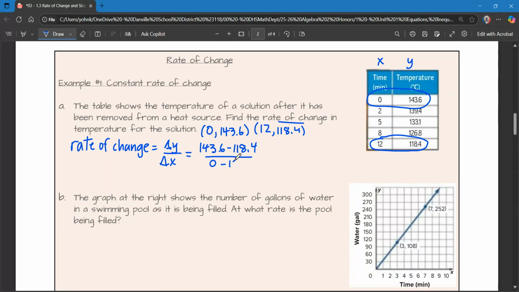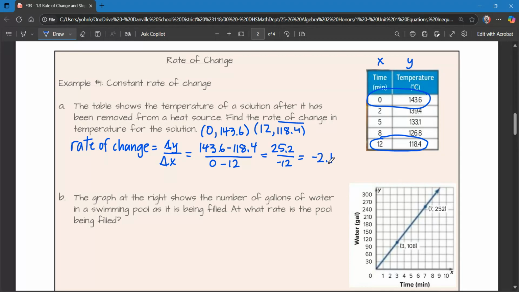So on the bottom is 0 minus 12. If I had gone the other way and did the 118.4 first in the numerator, I would have had to have done the 12 first in the denominator. So it doesn't matter which way you subtract. Either way, you get 25.2 on top and a negative 12 on the bottom. If I divide those, round if necessary, negative 2.1.